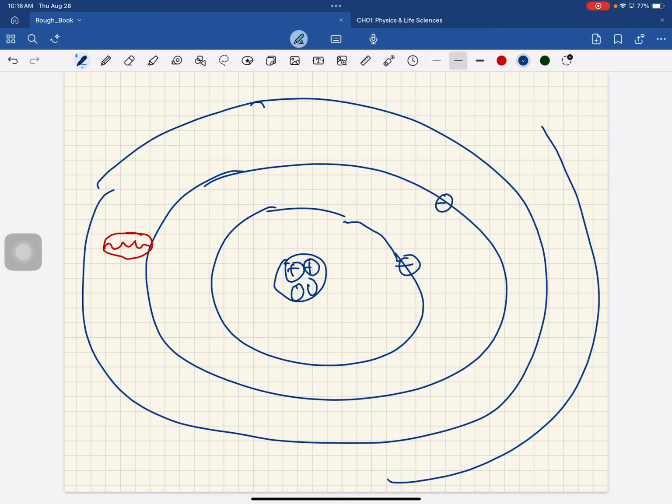I shone a photon on it. It absorbed the photon and it got excited. Now, most of the time, this atom stays excited for only about a trillionth of a second. And what does it do? It emits the photon back. So the electron will fall down, and it'll emit this photon.